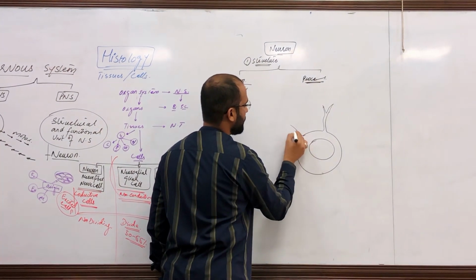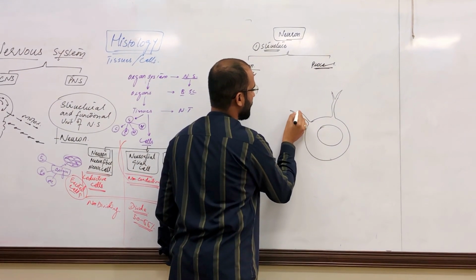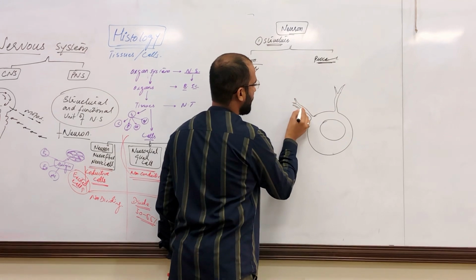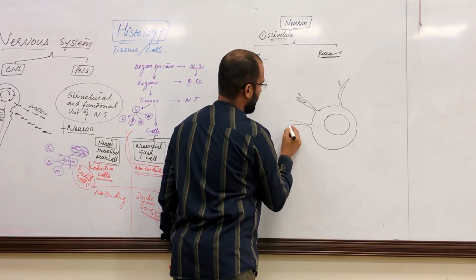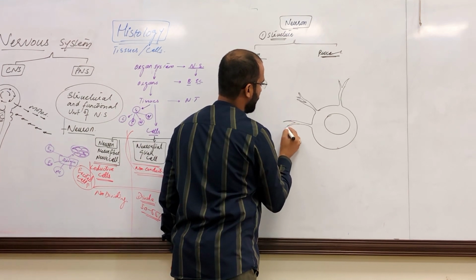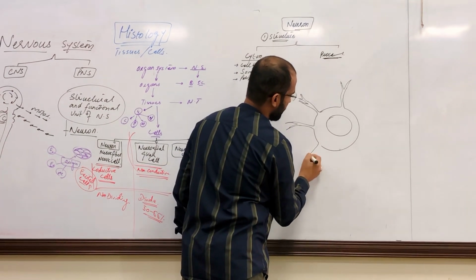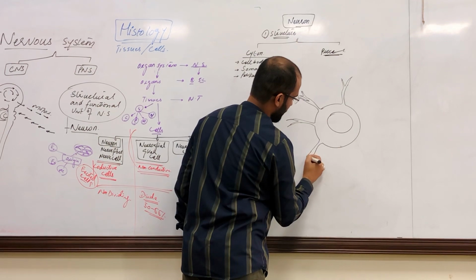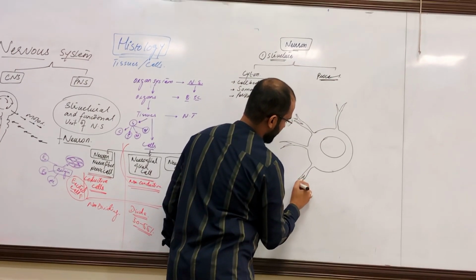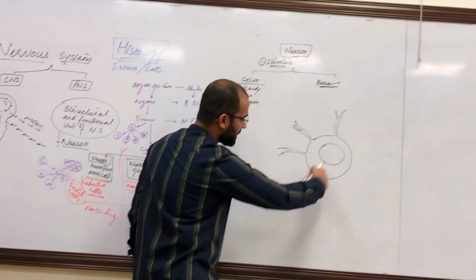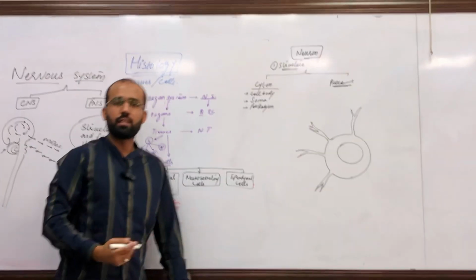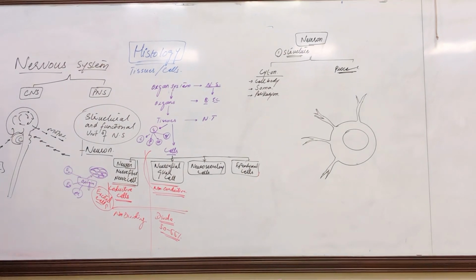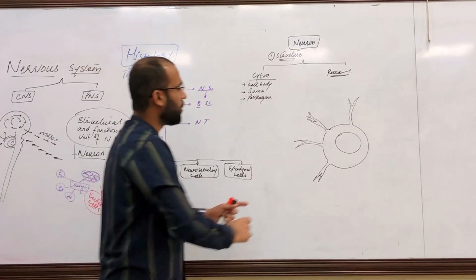What do they do? Why are we protruding these fibers, or these projections, out of the cell?